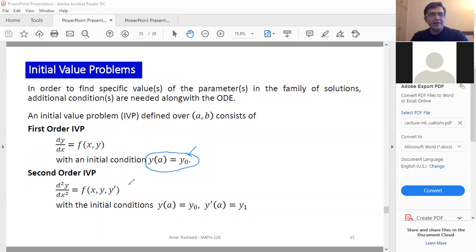So in order to find the values of those two constants, we define two conditions along with the given differential equation. If this is the differential equation, then d square y by dx square can express the acceleration of a moving body. So in order to get the particular solution, we must have two conditions because there are two derivatives involved in this differential equation.